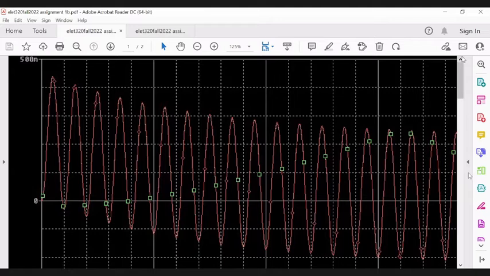Now, suppose my input is a square wave. How am I going to get the output? Well, you don't know, because you haven't been taught. That's what this course is all about. That's another thing we can do in this course.